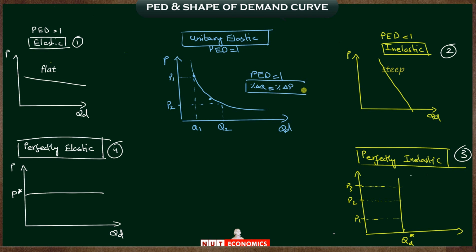That is what unitary elastic demand implies. So as you reduce the price from P1 to P2, quantity increases from Q1 to Q2. This percentage fall in price will be exactly equal to this percentage increase in quantity. That is, if this price fall reflects a percentage fall of 5%, then this quantity increase will equal exactly 5%. So that is your final case, unitary elastic demand.